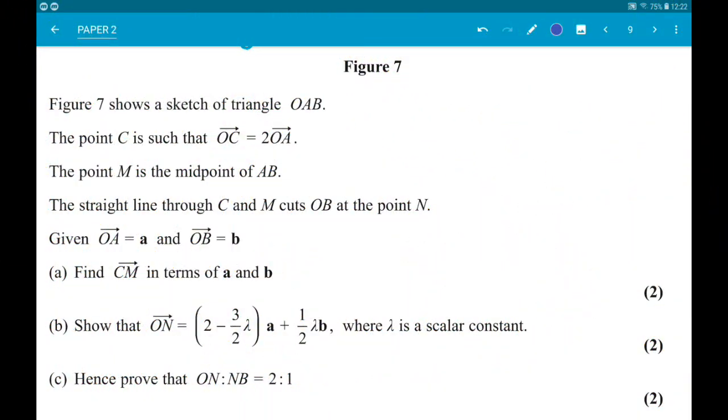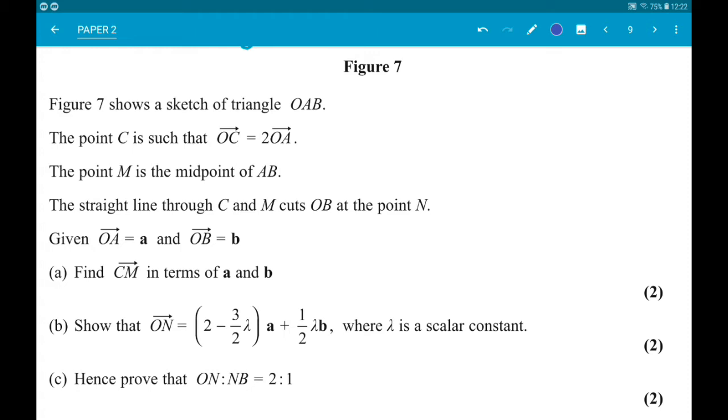Okay, number 10. So we have a triangle OAB. The point C is such that OC is 2 OA. The point M is the midpoint of AB.